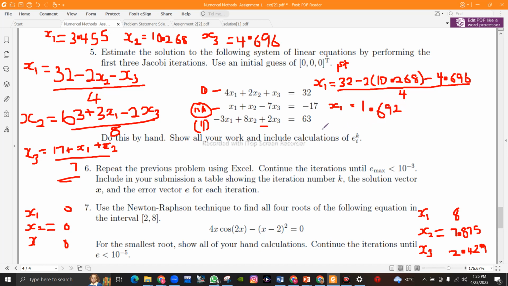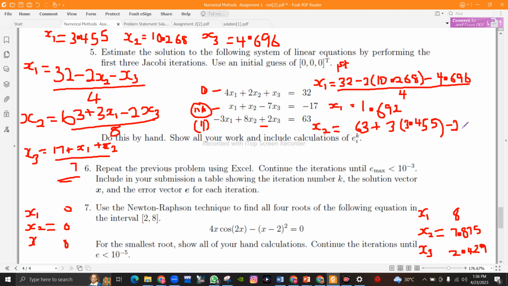And our x2 now will be equal to 63 plus 3x1. What's our x1? That's 3.455, minus 2x3.